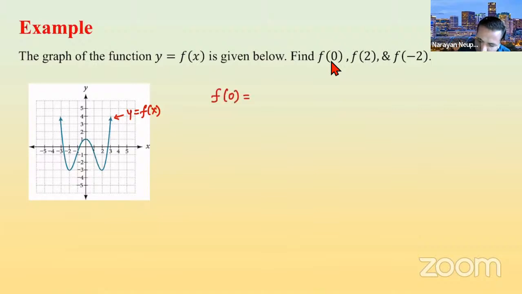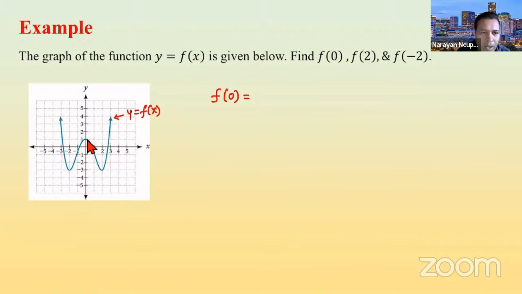That is, when x is equal to 0, what is the value of y? So here is your 0. In this number line or x-axis, here is 0, then 1, 2, 3, and so on. You have negative numbers on this side. So when x is 0, look at the pointer that I'm pointing at. That is your 0. When x equal to 0, what is the y value? Where is the function?